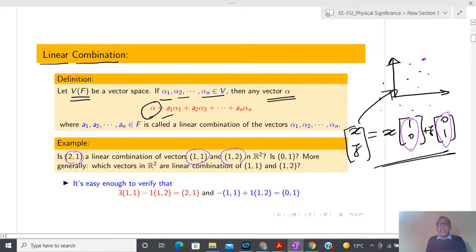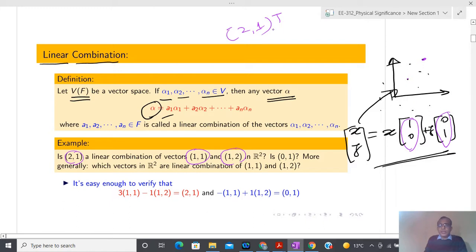For that I have to make sure of a linear combination of these two vectors, where two scalars come into the picture. Since I am talking about the R2 space, each entry I have represented as a row vector, but you can represent it as a column vector, that doesn't matter for us.